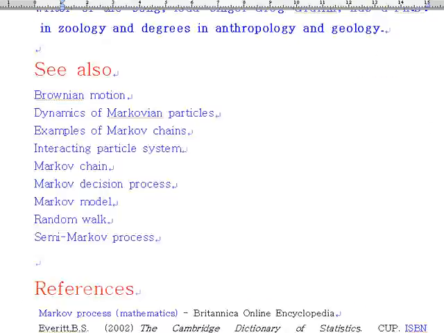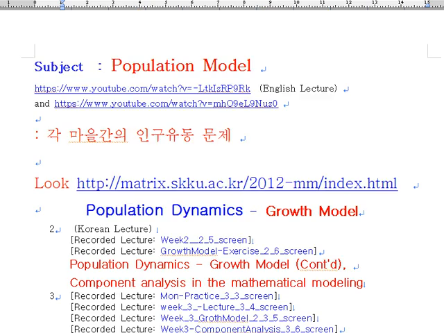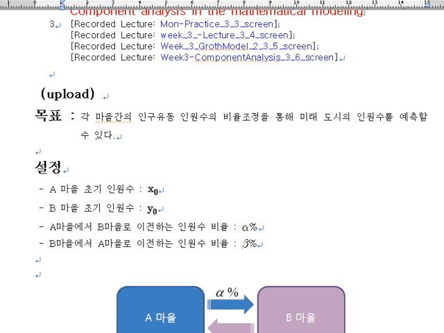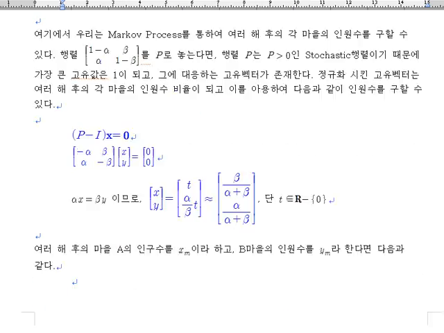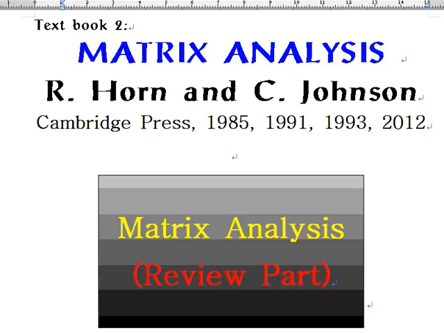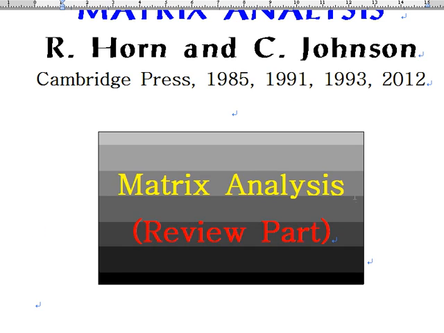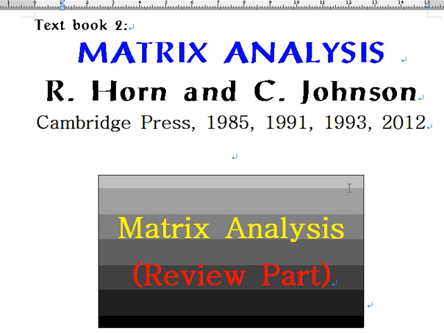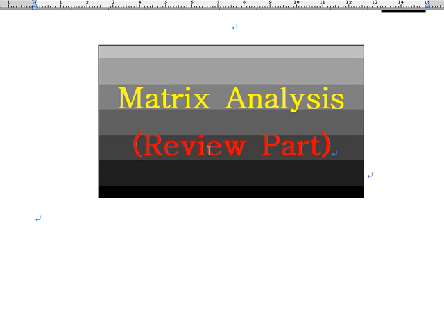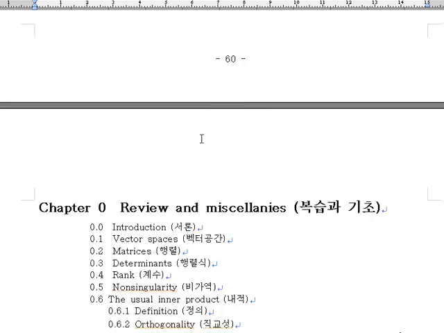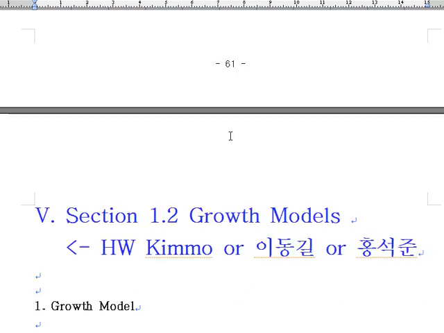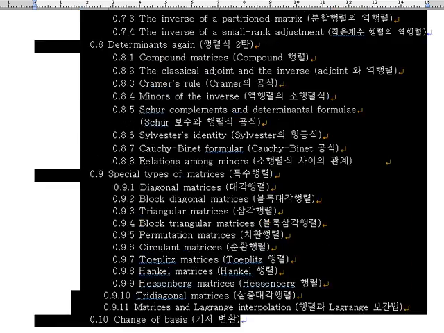From next week, I may go through the review part, or just one chapter, of this matrix analysis textbook, the review part that has some information like this.